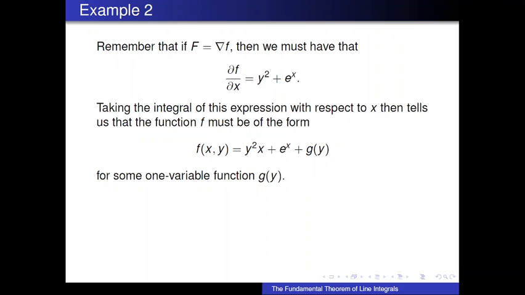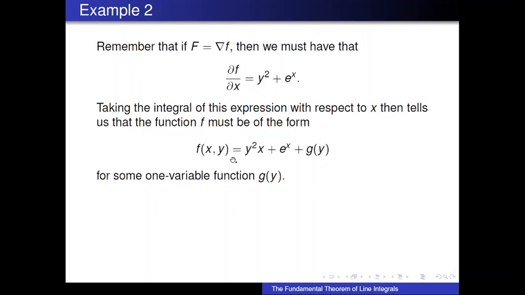This goes just like it did in the talk about section, was it 16.2, I want to say? By integrating with respect to x, we'll get y squared times x plus e to the x, and then plus some function that's just of the other variable y. This is the same conversation from before.